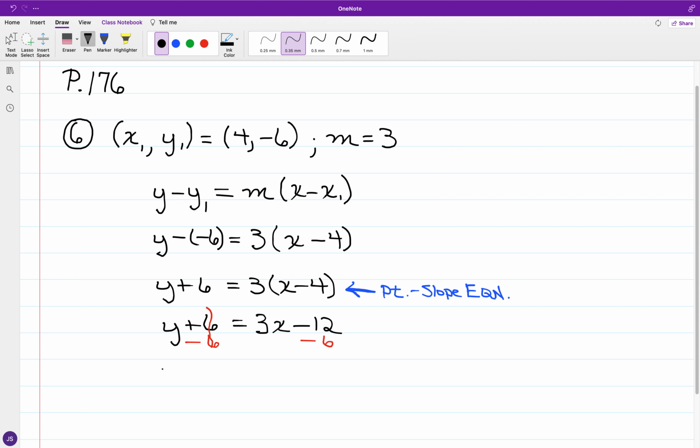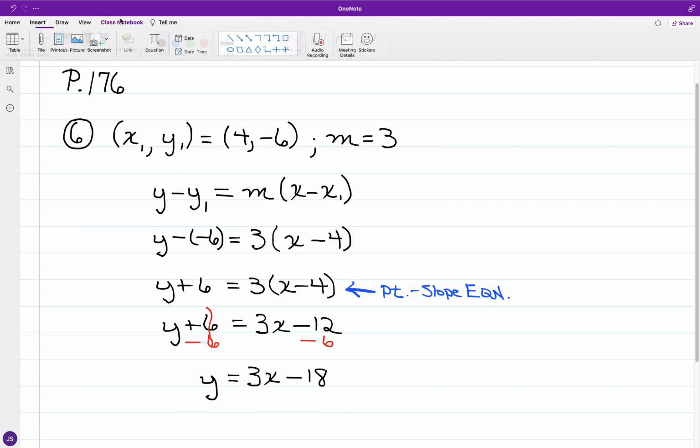Now with y by itself, this is equal to 3x, and minus 12 minus 6 is going to end up at minus 18. And so we have this resulting slope-intercept equation.